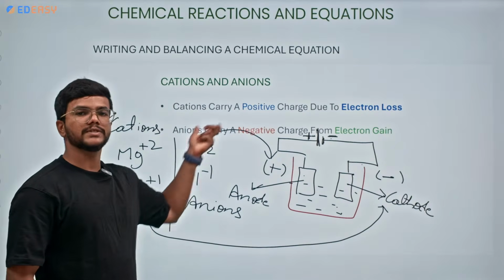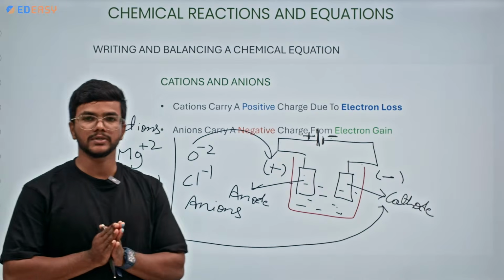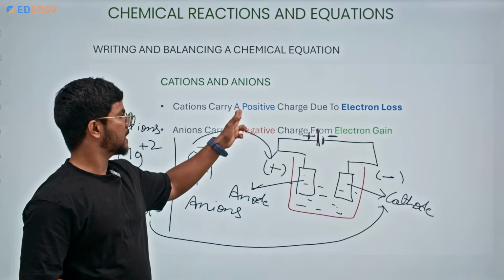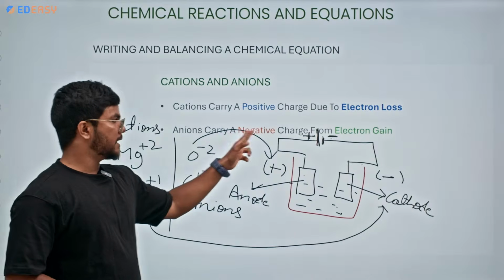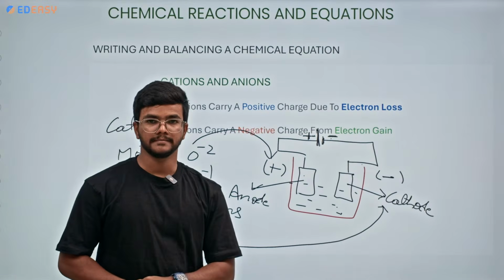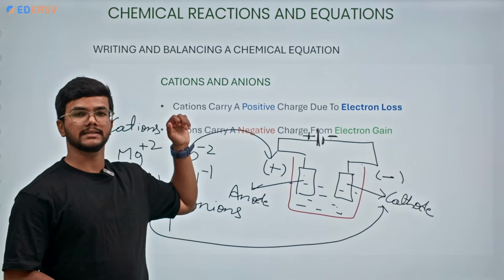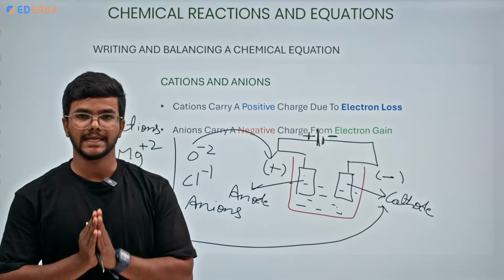Anions are the ions which move towards the anode. Hope you understand about cations and anions. Cations carry positive charge due to electron loss. Anions carry negative charge due to electron gain. We already discussed this in the previous slide, that is the valency and the electronic configuration. Hope you understand about the cations and anions.